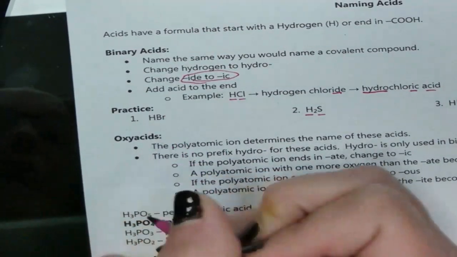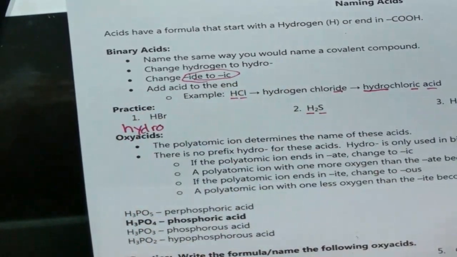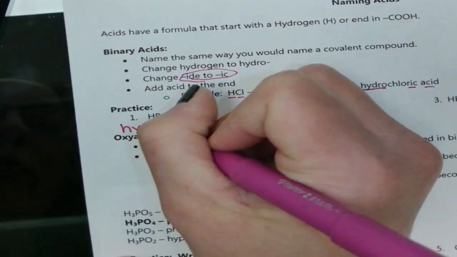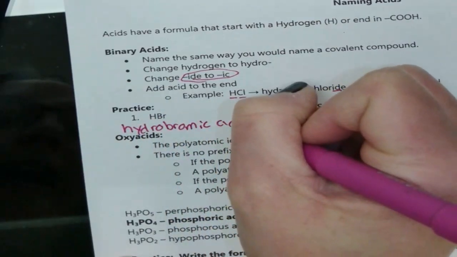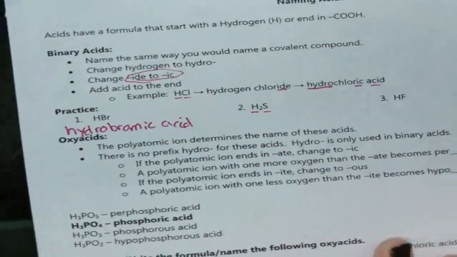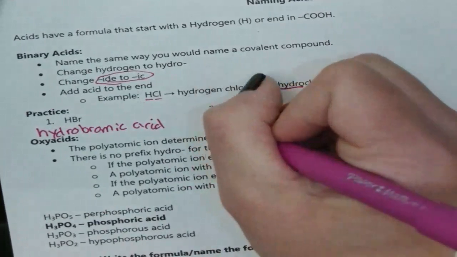HBr. So hydrogen becomes hydro. Bromide becomes bromic. And then we just add in the word acid. Number 2. Again, hydrogen becomes hydro.